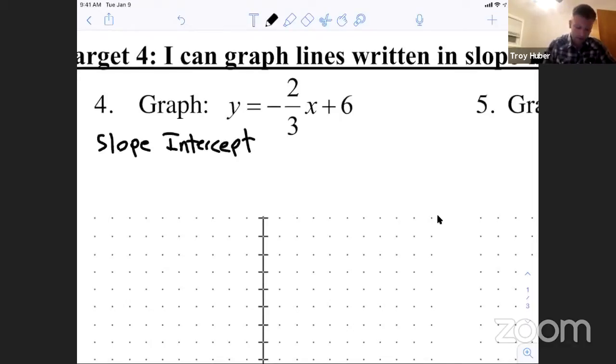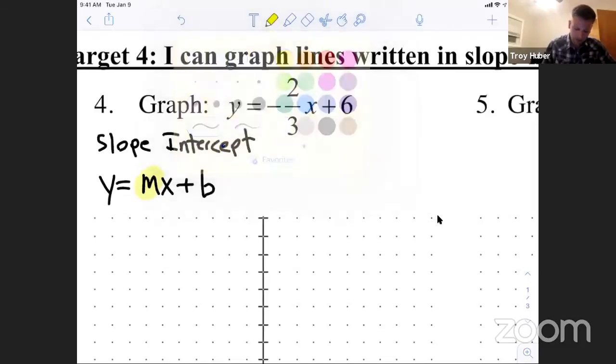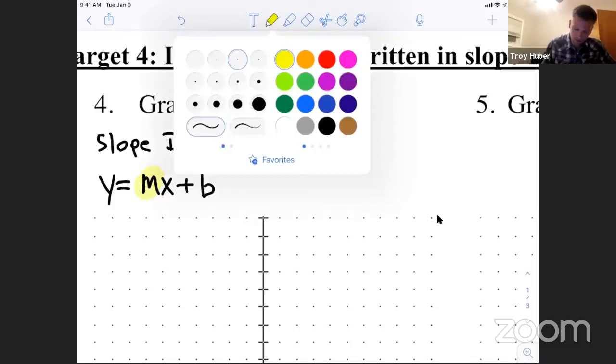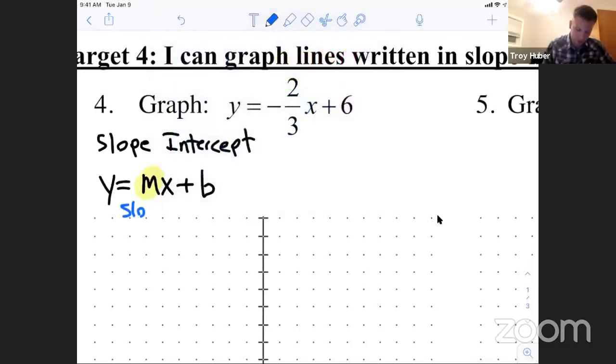All right, that is y is equal to mx plus b, where this m is your slope, and this b is going to be your y-intercept.